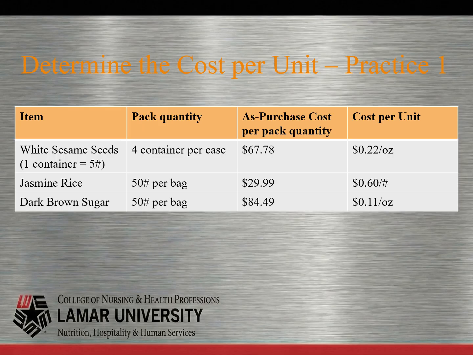Step 2, we divide. We take the $84.49, divide it by 800 ounces, and we get 0.105. So our answer is, after we round, 11 cents per ounce.